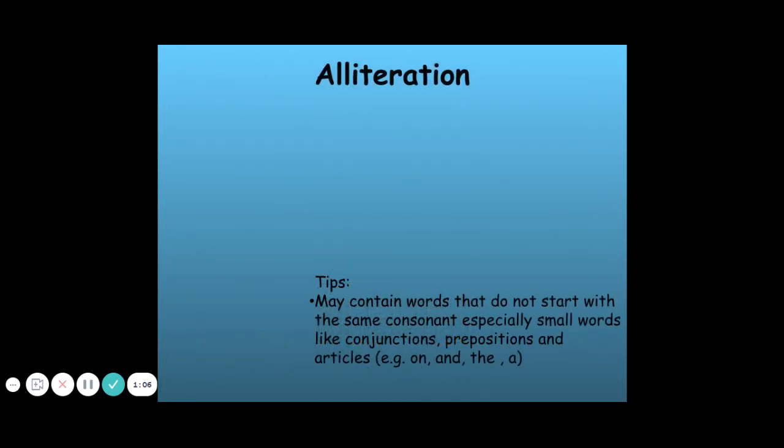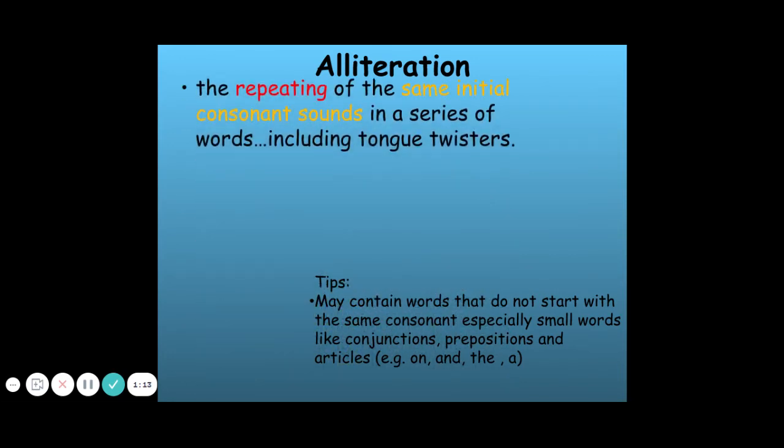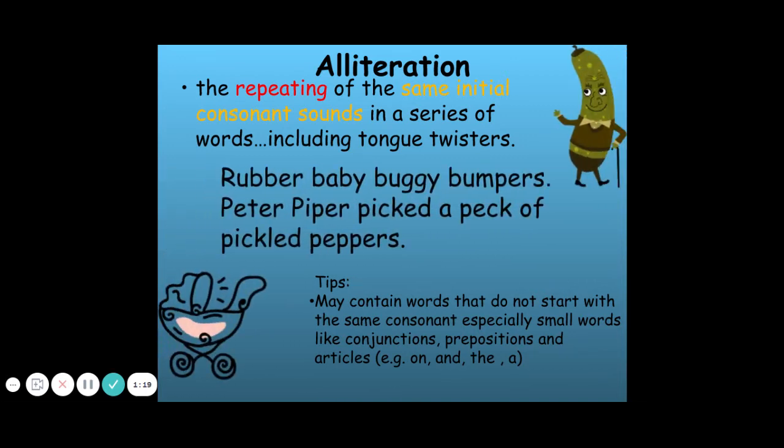So today we're going to talk about alliteration. This is like a tongue twister. You're going to repeat the same initial consonant sound in a series of words, okay? So, rubber baby buggy bumpers, Peter Piper picked a peck of pickled peppers.